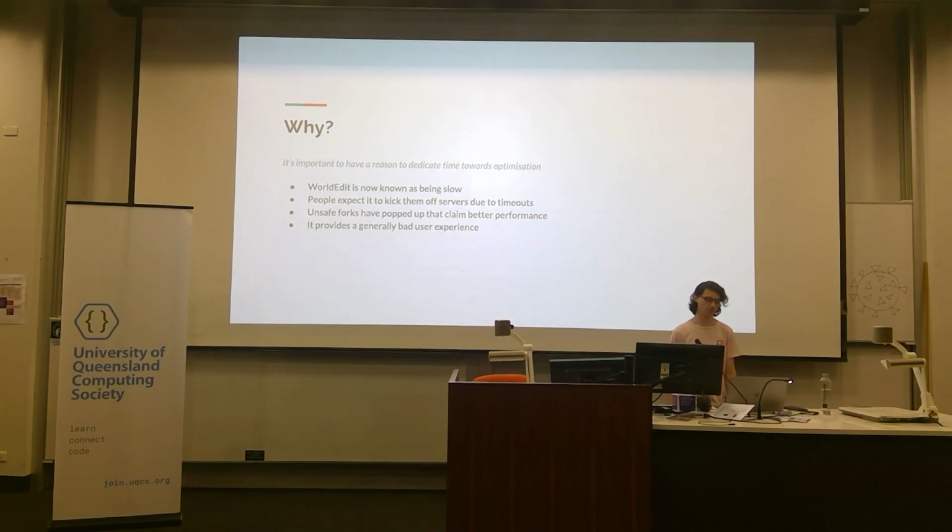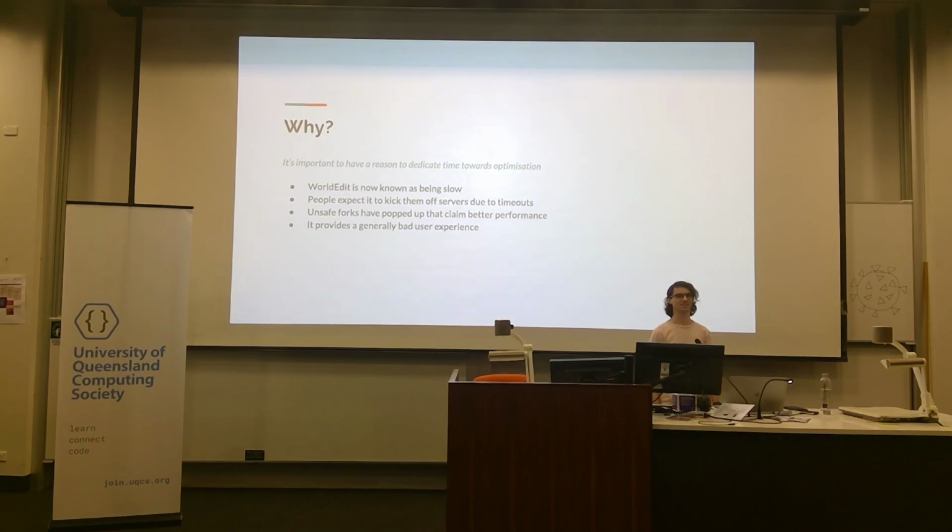So the first question you should always ask when wanting to optimize something is why? It's important to actually have a reason to dedicate time towards optimization. If you don't, you're basically just optimizing it for the wrong reasons. WorldEdit is currently known as being pretty slow. It's not a good look.